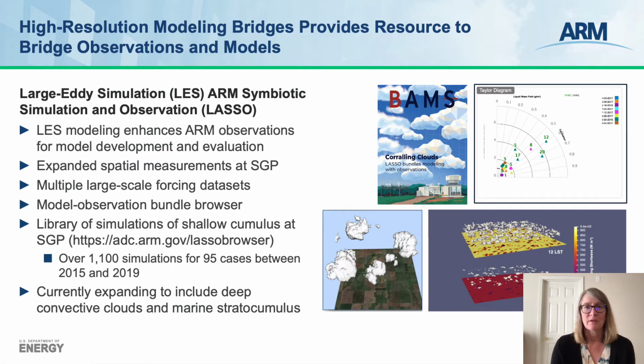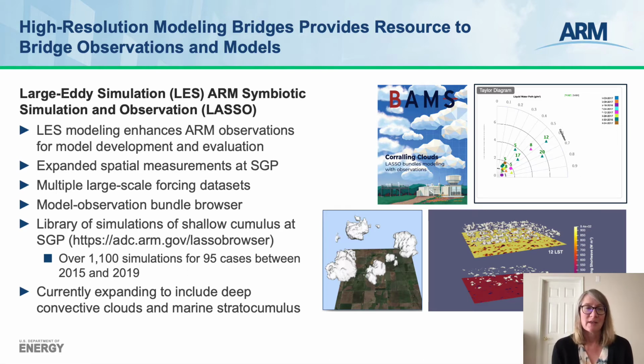As part of the 2014 Decadal Vision, ARM implemented routine modeling capabilities with an initial focus on shallow cumulus clouds at Southern Great Plains site. The primary objective of LASSO is to provide a link between ARM observations and global scale models to improve process understanding and also improve observational retrievals.